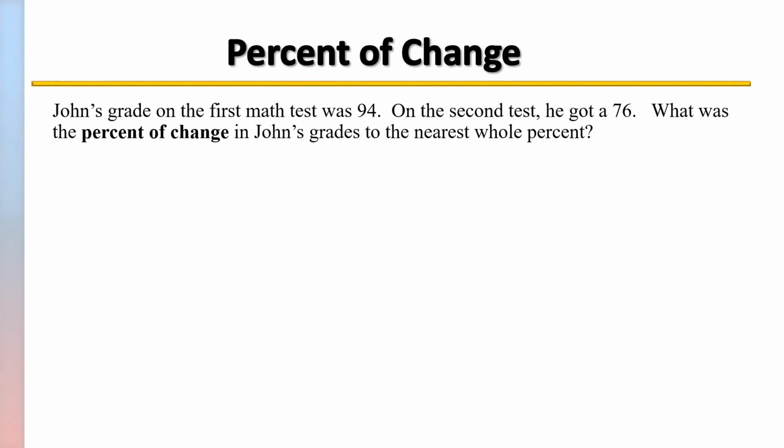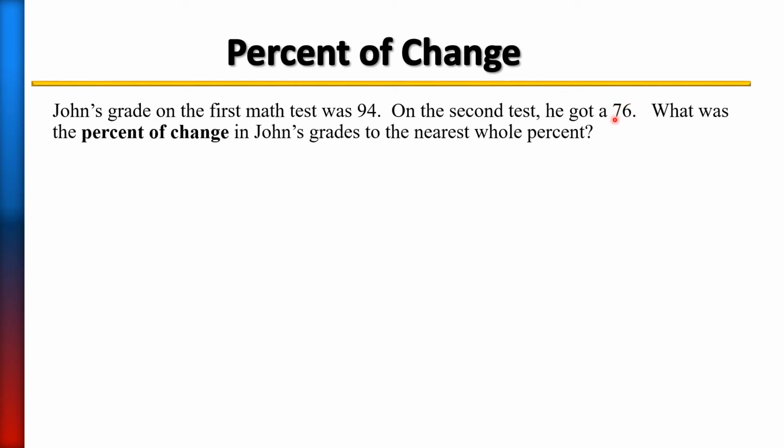John's grade on the first math test was 94. On the second test, he got a 76. What was the percent of change in John's grades to the nearest whole percent? Well, notice here that our original score was 94. The new score, the most recent one, was 76.